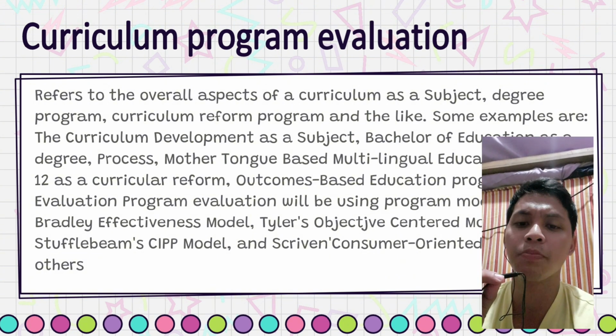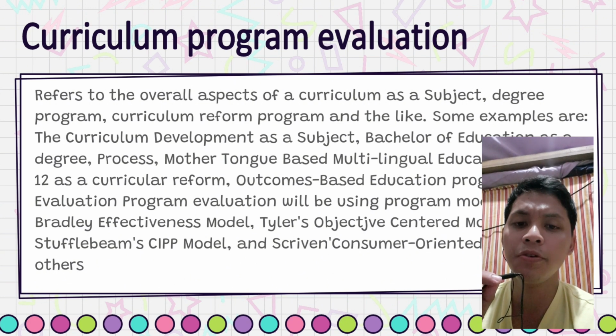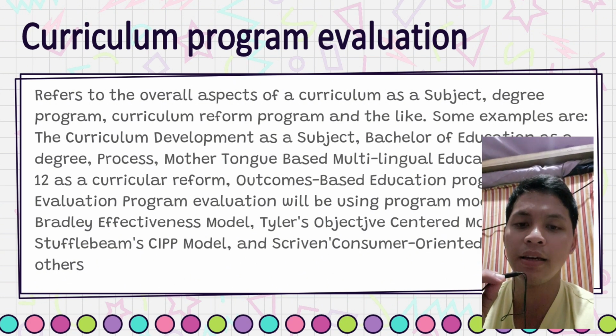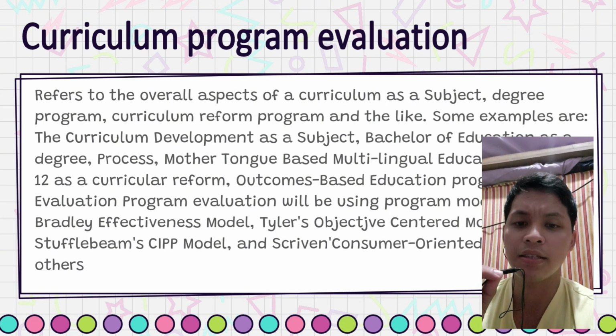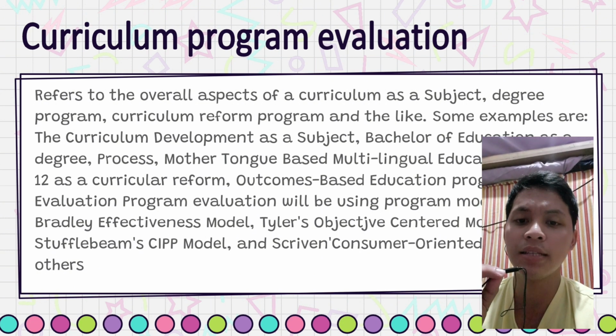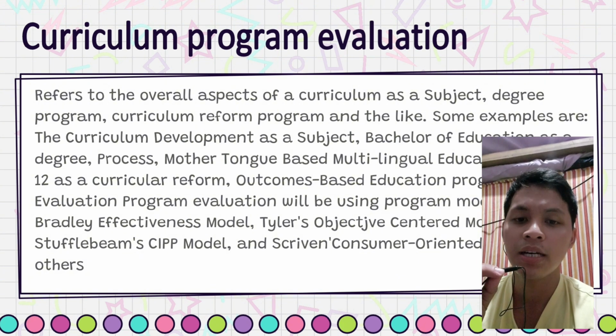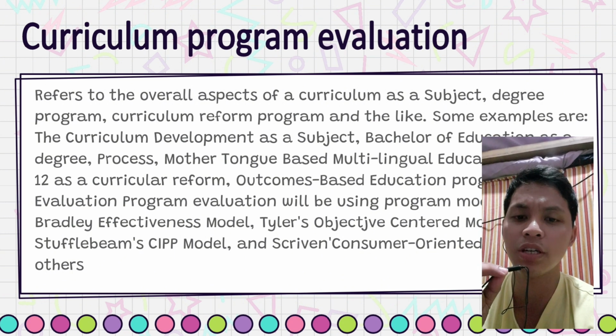To see how well this program works, we use evaluation models like Bradley Effectiveness, Tyler Objective Centered, CIPP, and Scriven consumer-oriented models. This helps us understand how effective these educational changes are. So that is what curriculum evaluation is all about.